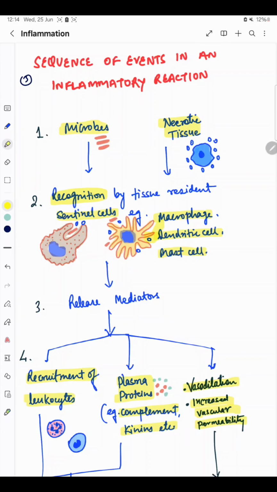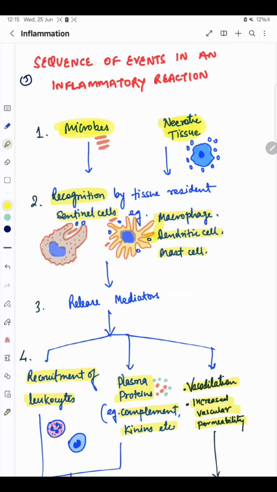The sequence of events in an inflammatory reaction. So what events occur in an inflammatory reaction? First of all, a microbe or an infective agent or tissue necrosis will be there.